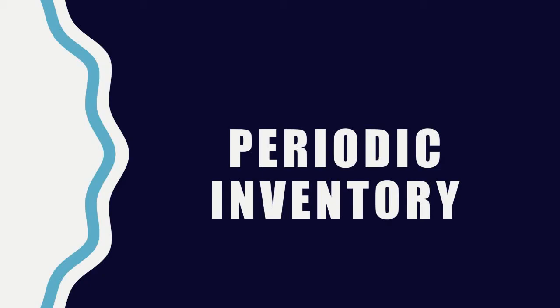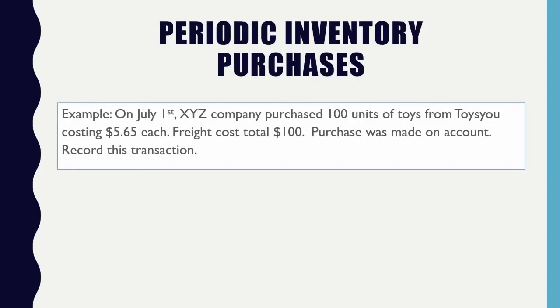Okay, all right, so let's go ahead and dive into periodic inventory. Here we're going to mainly focus on purchases. So when we're purchasing our inventory, I have an example here. On July 1st, XYZ company decided to purchase 100 units of toys.